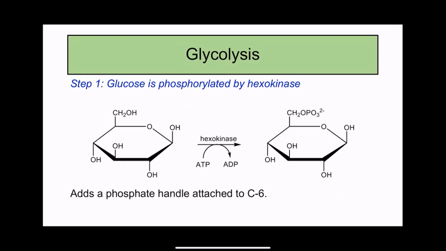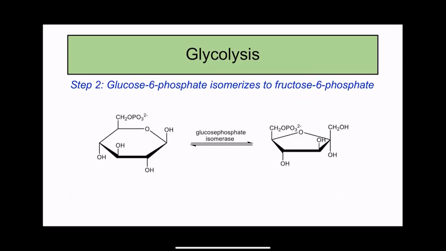And all that happens right here is that your carbon 6, which is this guy right here, is going to get a phosphate handle, which is this guy. Okay. Step 2 is when it gets isomerized to fructose 6-phosphate.